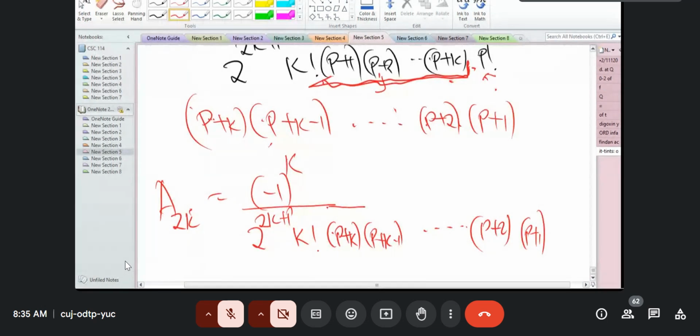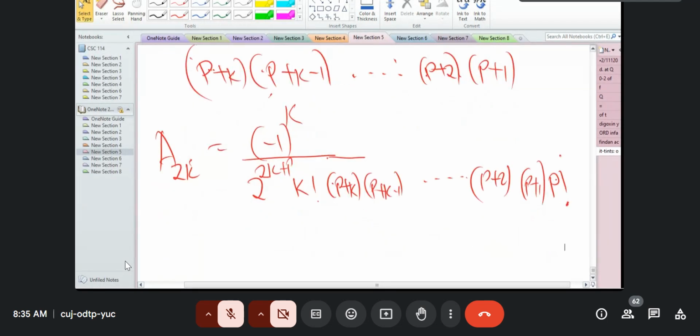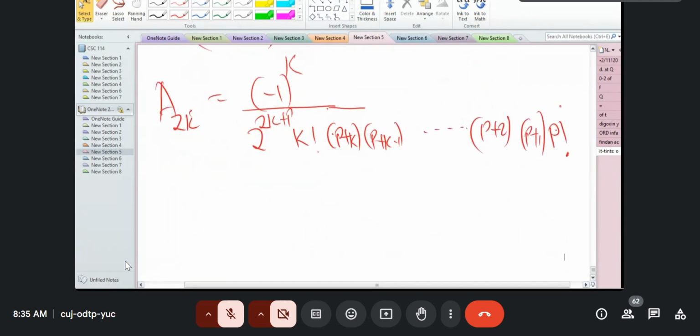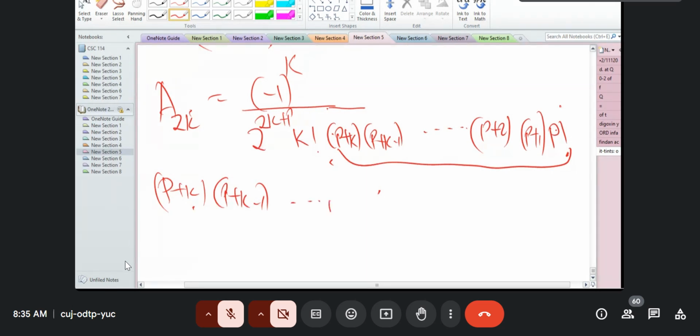There is a p factorial here. Looking at this term, what is it equal to? You have p plus k, decrease it by 1, go all the way up to p plus 2, p plus 1, then times p factorial. What is it equal to?